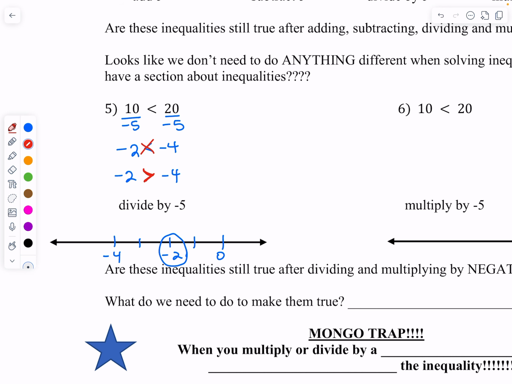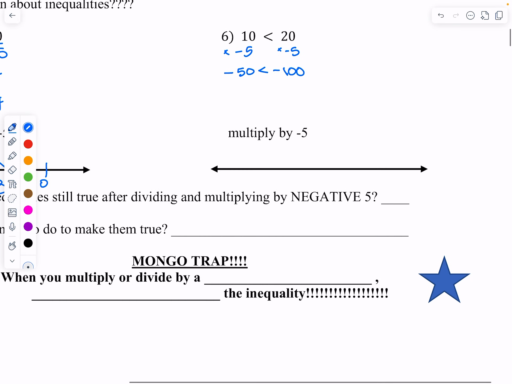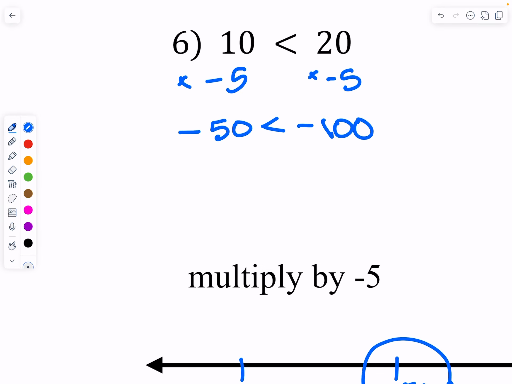Okay. Now let's multiply by negative 5. Multiply by negative 5, and I'm going to get negative 50 is less than negative 100. So I have 0, there's my negative 50, here's my negative 100. Which one's the biggest? My negative 50 is the biggest. Look at my alligator. What's he eating? He's eating the little number. So once again, we've got a problem.